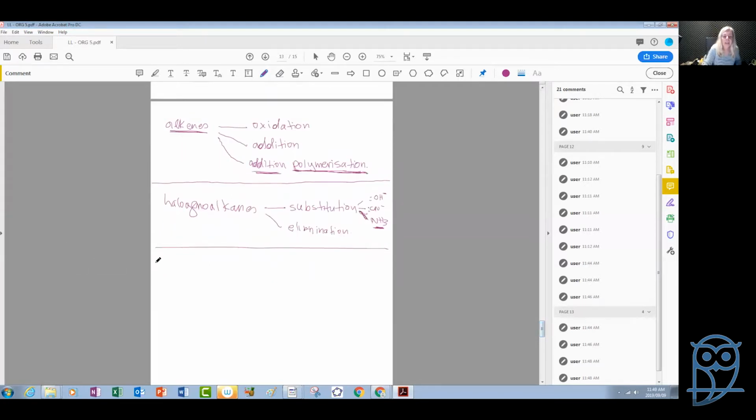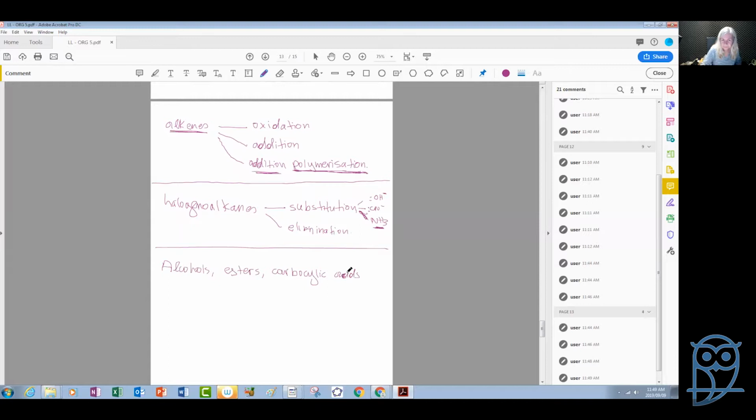Then we come to this category that I want us to start thinking about today already, this chapter in the book that is entitled Alcohols, Esters, and Carboxylic Acids. Why do they have these together?